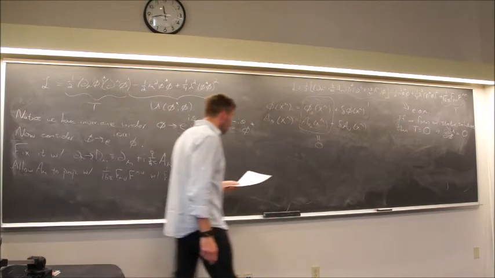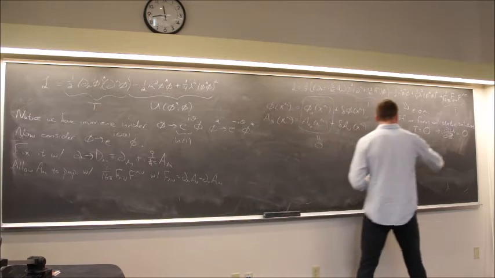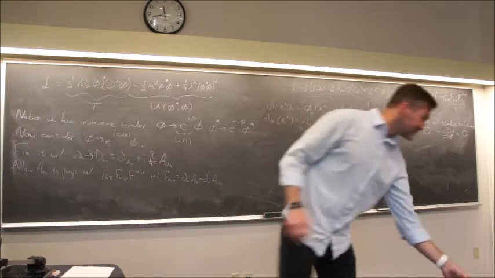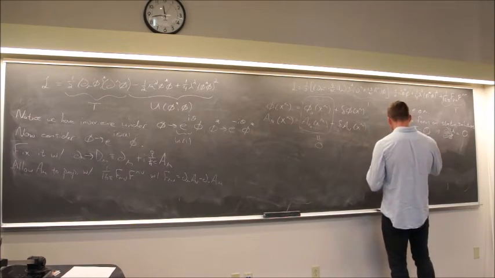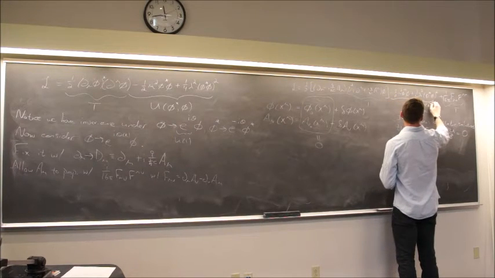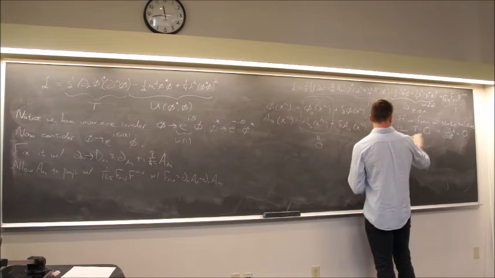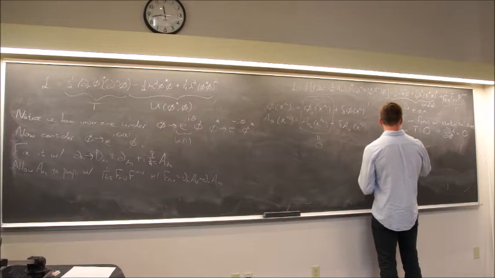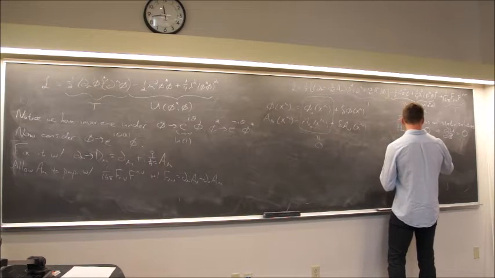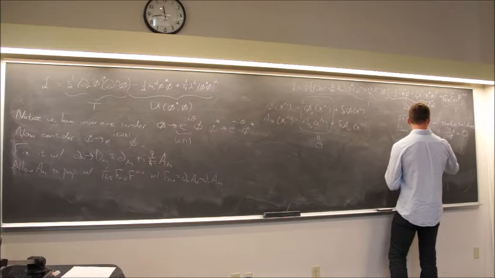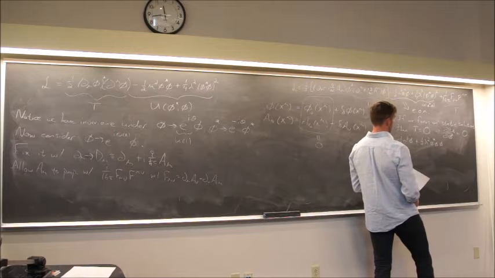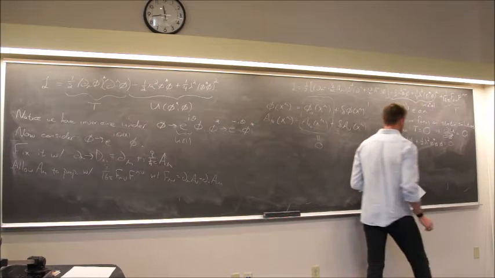All right. So if I take this derivative and set it equal to 0, we can write down what we get for that equation. Remember, this is my U of phi star and phi. If I take the derivative of that and set it equal to 0, what I find is minus 1/2 mu squared phi plus 1/2 lambda squared phi star phi phi, and we want to set that equal to 0.